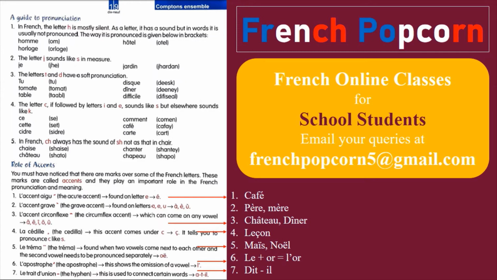Rule number 2 is the letter J sounds like S in measure. As in English, we pronounce the word measure, so we have the same sound of letter J in French. So here first example is given, je. Next example is jardin.